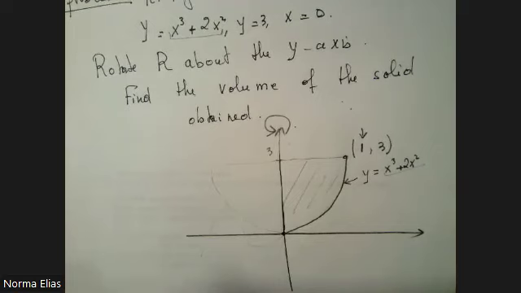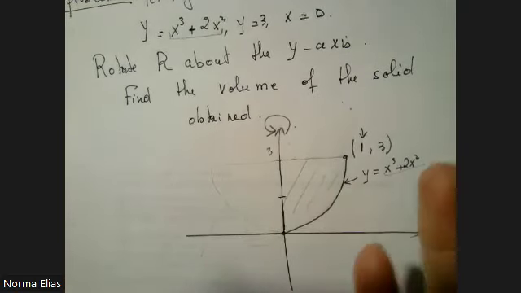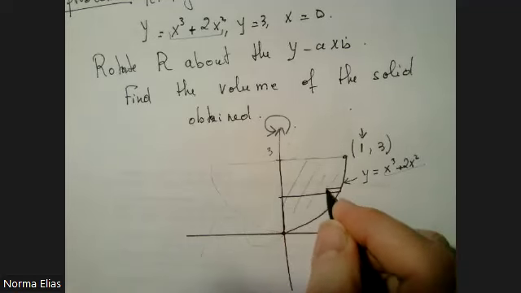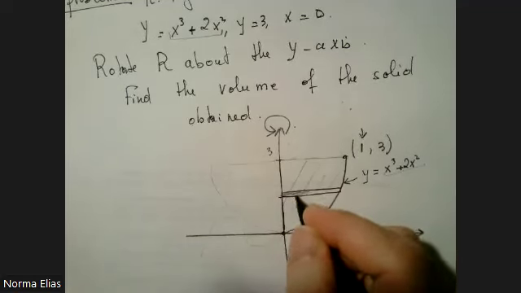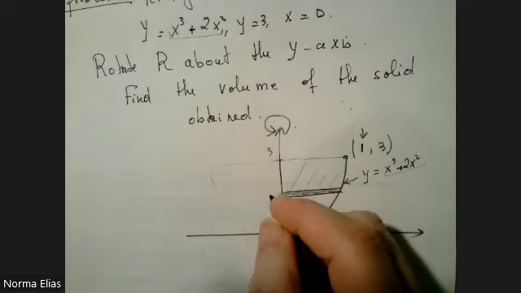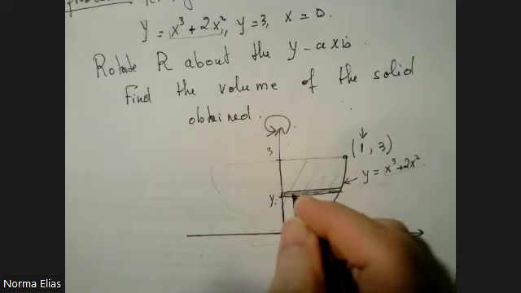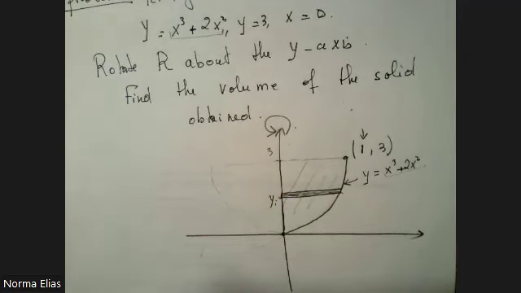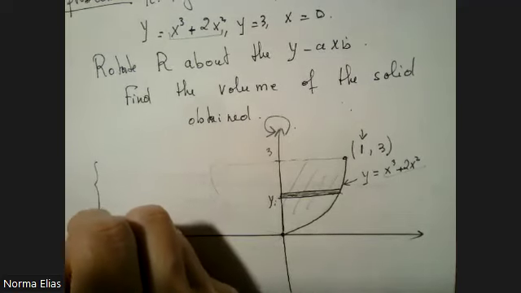So we're rotating about the y-axis. At least that's the process we did before: we're going to cover the region with disks, because there are no holes. So what's the problem in this approach? What's the radius of the disk?